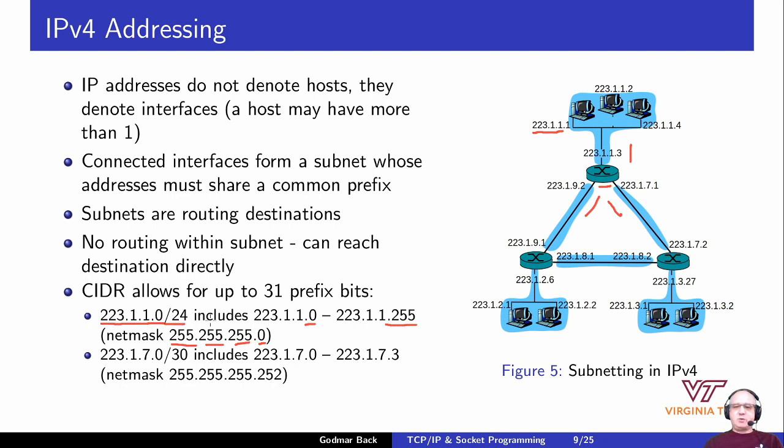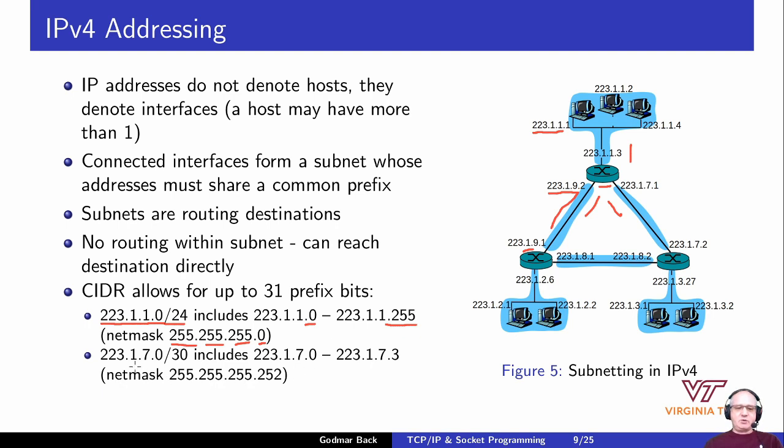Now you may wonder, depending on where you make the split, that depends on how many hosts you can have on that subnetwork. We also need subnetworks for these connections. For example, to connect these two routers, we use a subnetwork that shares a prefix, 223.1.9.2 and .1. We also share a prefix here. So we can do this division arbitrarily.